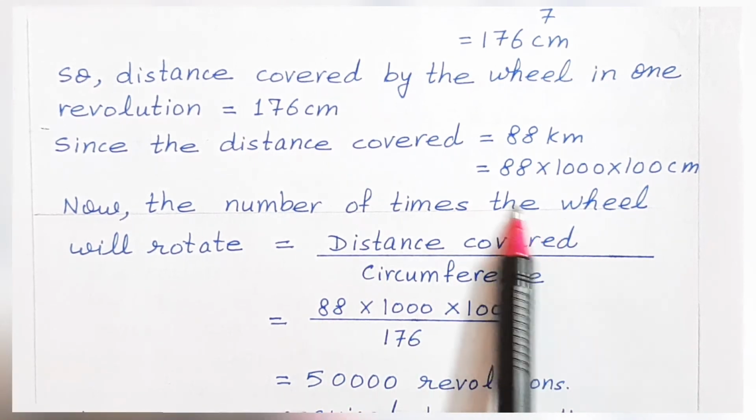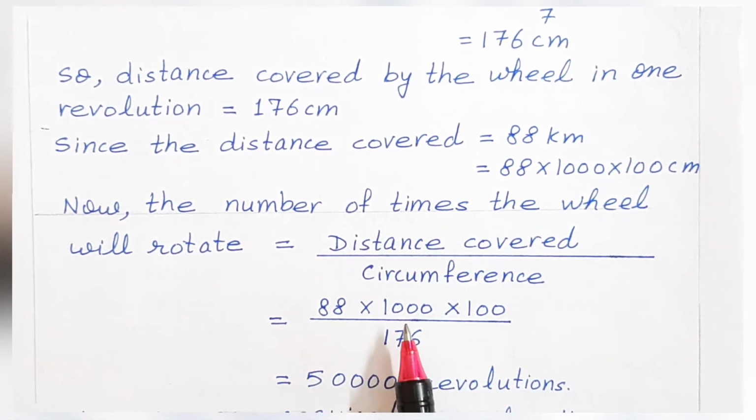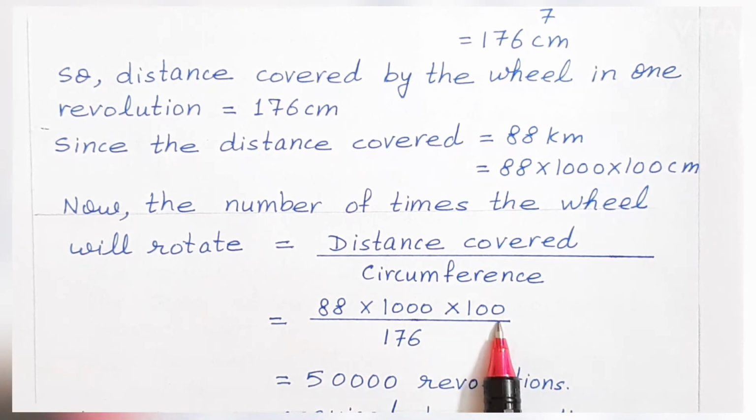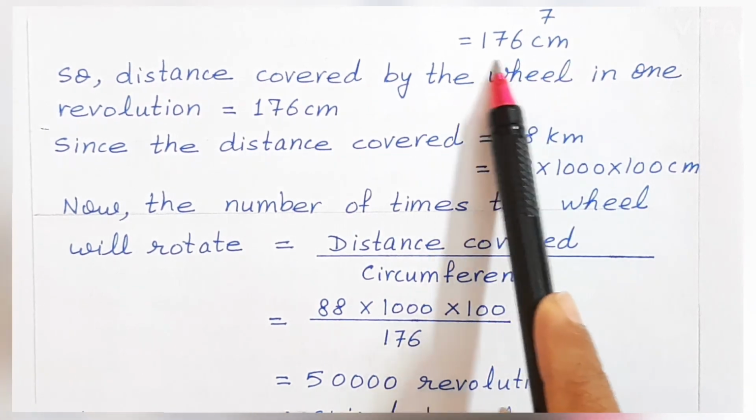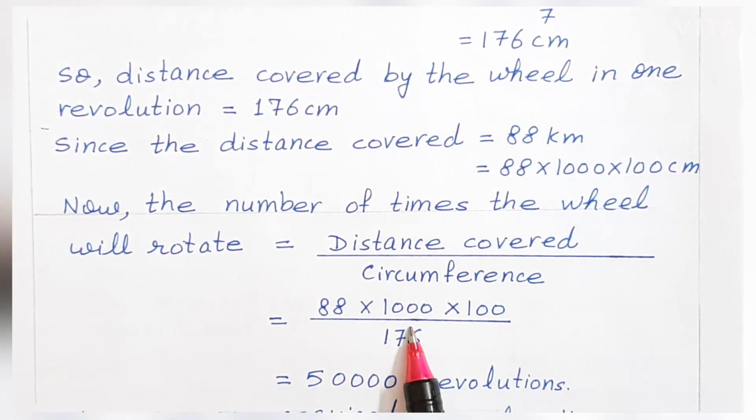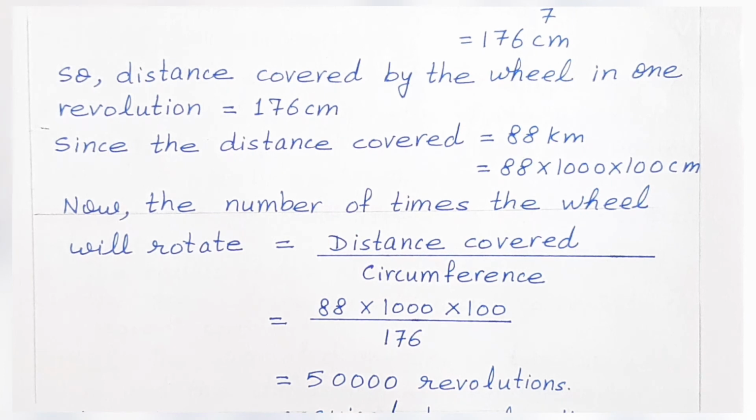So the distance covered is 88 into 1000 into 100 and the circumference we have already calculated, that is 176. So the answer is 50,000 revolutions. Clear? I hope it is clear to everyone.